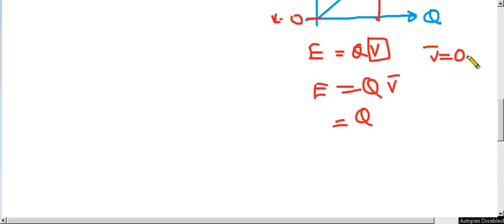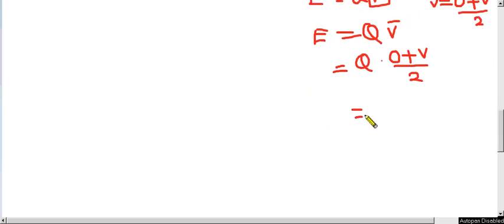Initial value 0, final value V, two items divided by 2. We multiply Q by this mean value. So what we get is Q times V divided by 2, so energy equals half QV.